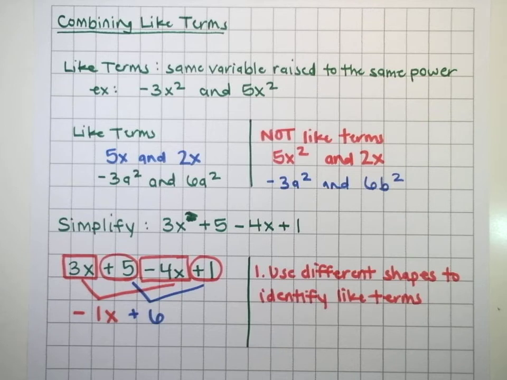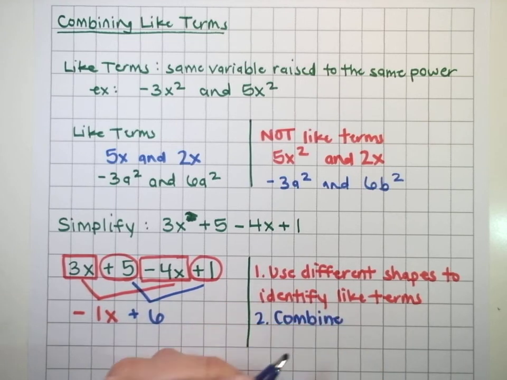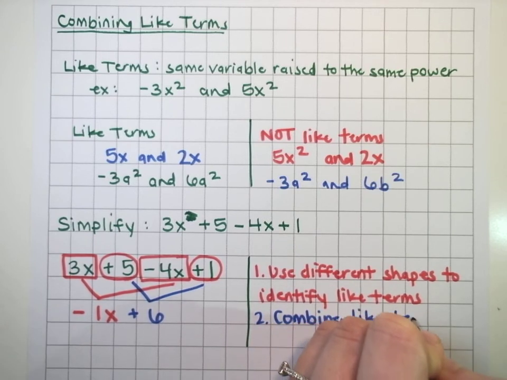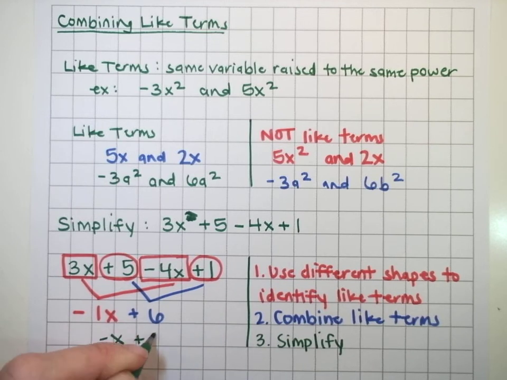And so with that step, we combined shapes that are the same, which means they are like terms. So we combine our like terms. And then step 3 is we're going to simplify. So we don't need to write negative 1x, that is just negative x, and then we have a plus 6.